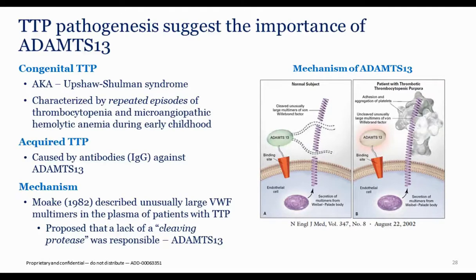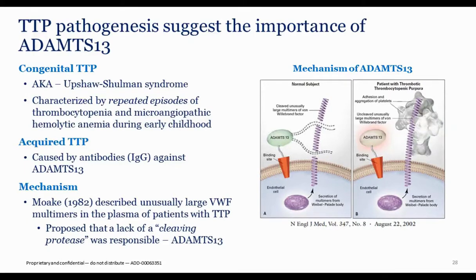TTP can also be acquired, and when it's acquired, this is generally due to antibodies that form against a cleaving protease. This cleaving protease is called the von Willebrand factor cleaving protease, or ADAMTS13, a disintegrin and metalloprotease with thrombospondin type 13 motif.